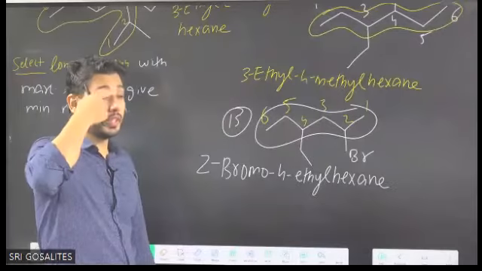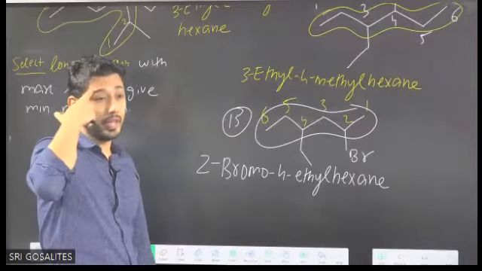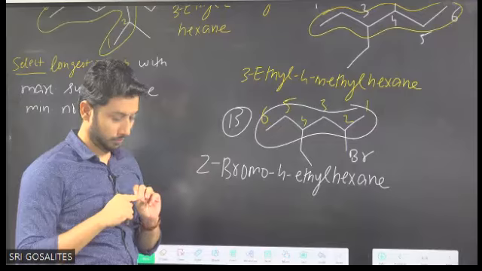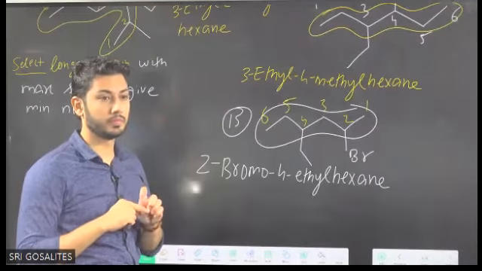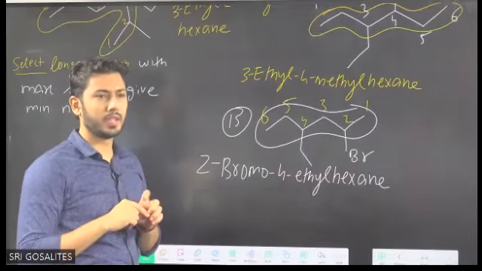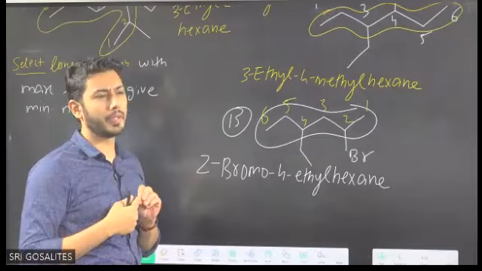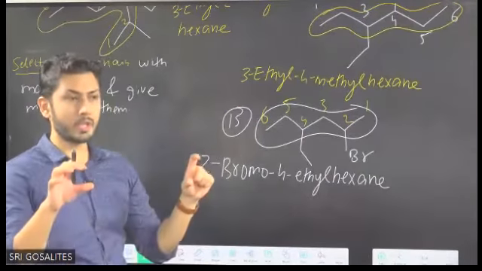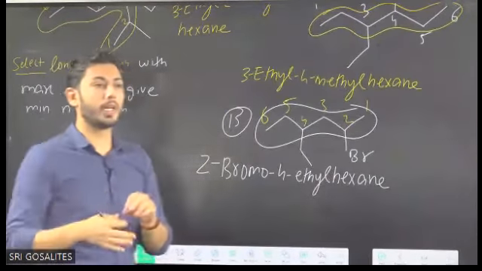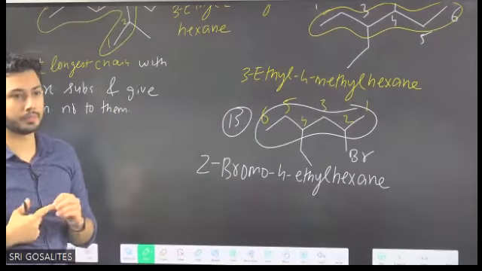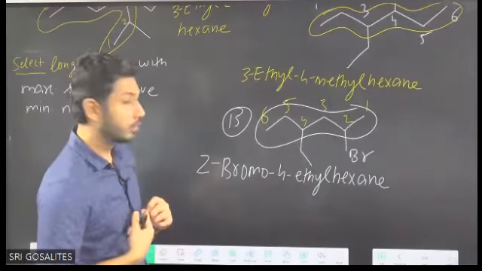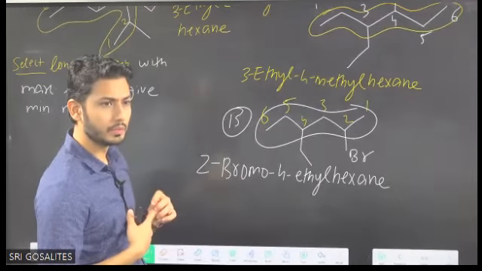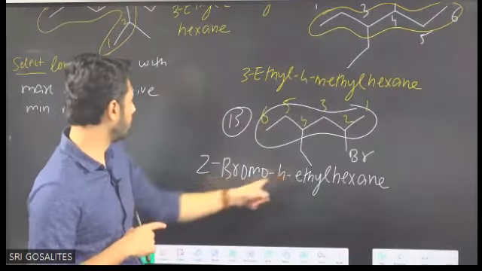What is the exact doubt? In the 13th, what's the exact doubt? Ask. Substituent means that which is not part of the parent chain, like chloro, bromo. They are substituents. Methyl, ethyl are carbon chains, so they are considered to be branching because they are carbon chains. 2-bromo, not 4. 2-bromo, 4-ethyl.